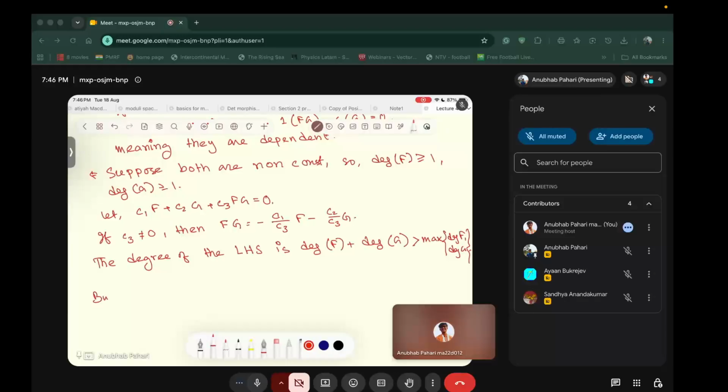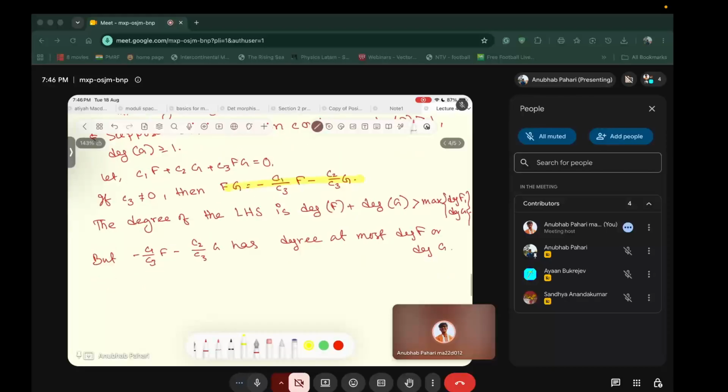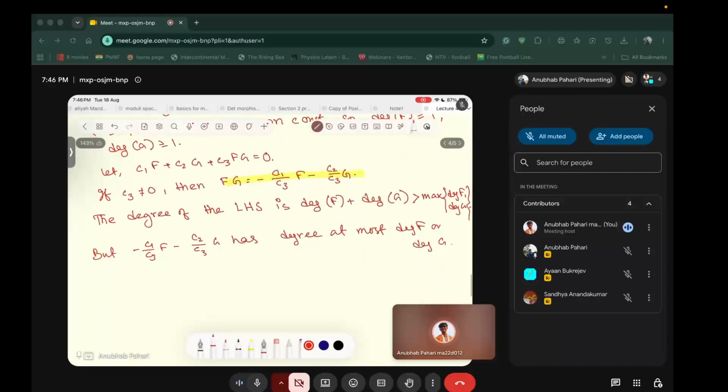But minus c1 by c3 of f minus c2 by c3 of g has degree at most degree f or degree g, right? So therefore in this equation the degrees of the two polynomials mismatch, yet we claim they are the same, therefore a contradiction.